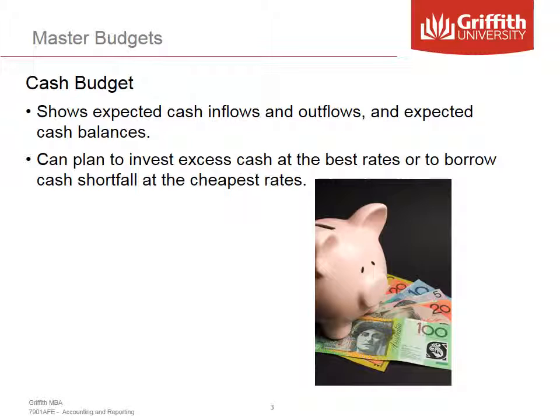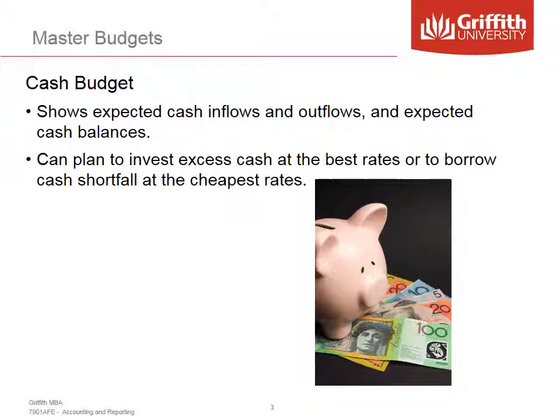So the cash budget is the first point where we pause and think about whether the collection of subsidiary budgets that have been produced, when they come together, appear as if they will be defining a sustainable and sensible set of outcomes.